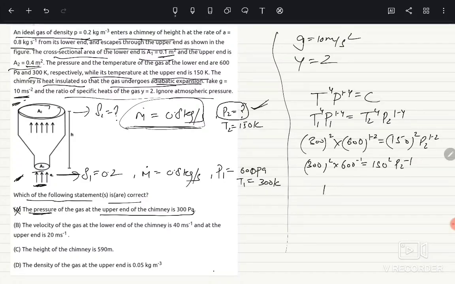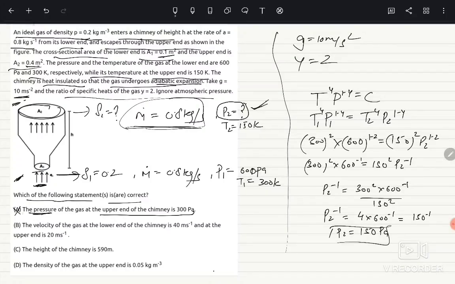We will arrange it. P2 inverse will be equal to 300 square into 600 inverse upon 150 square. This will give us P2 inverse equal to 4 into 600 inverse. So 4 into 600 inverse will give us 150 inverse. So P2 will be equal to 150 Pascal.